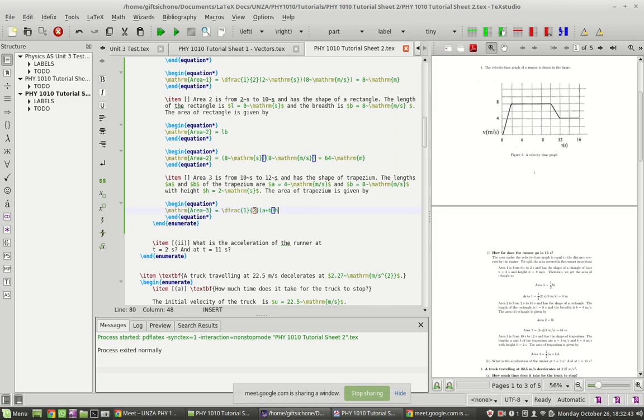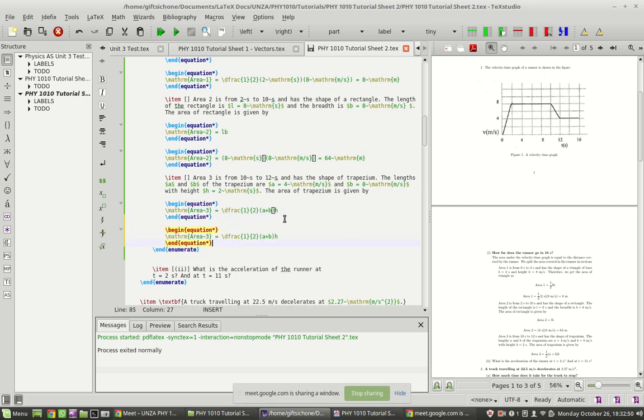So we substitute. Our A is 4 meters per second. Our B is 8 meters per second. Our height we have as 2 seconds.